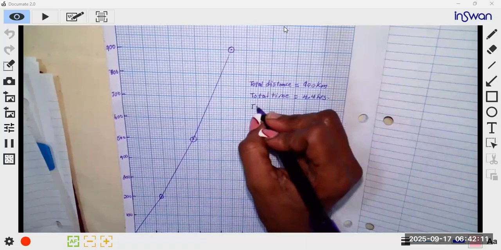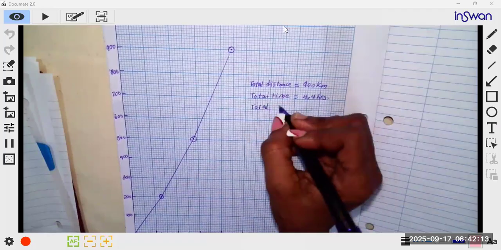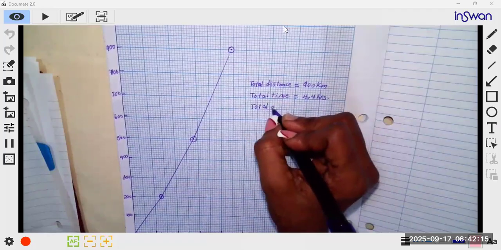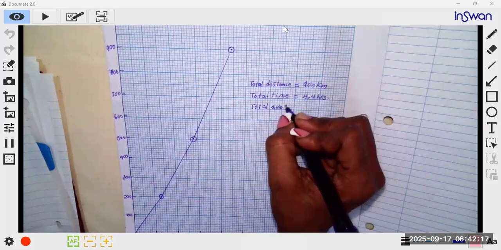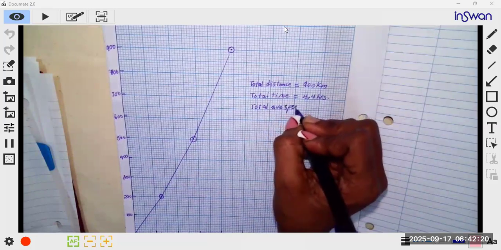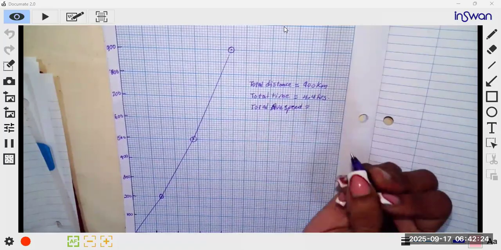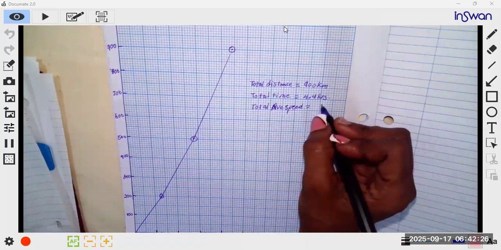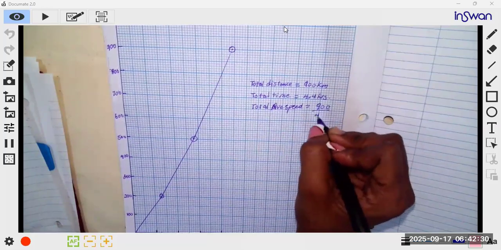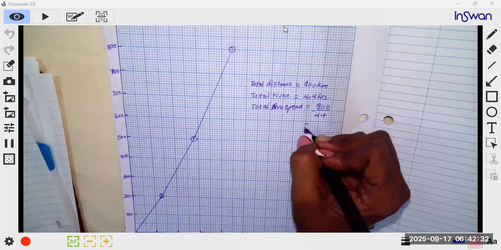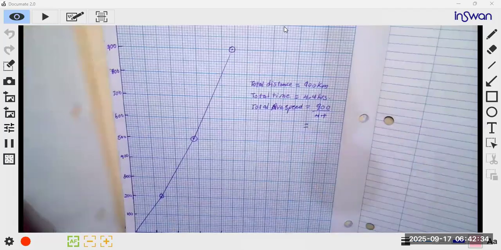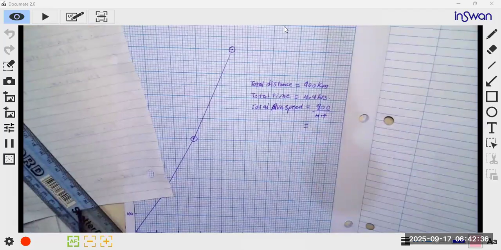So therefore, the average speed for the journey. How do you all find average speed? Average speed is equal to distance divided by time, right? So it's the total distance divided by the total time. So 900 divided by 4.4. 900 divided by 4.4 is what?